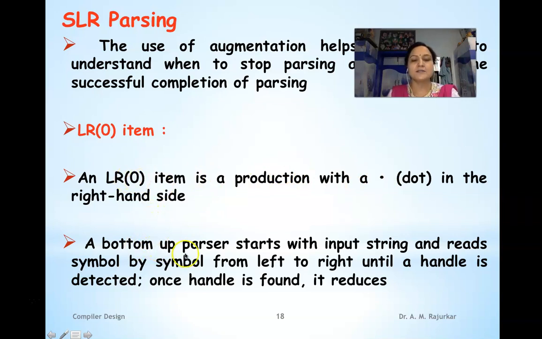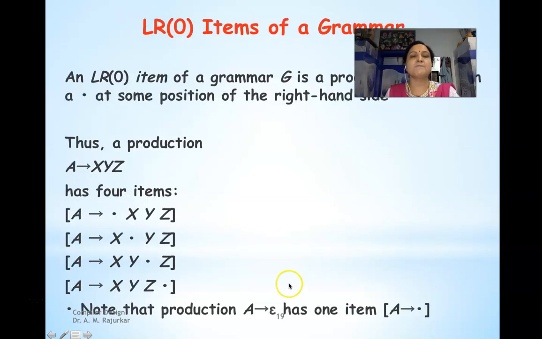A bottom-up parser starts with the input string and reads it symbol by symbol from left to right until a handle is detected on top of the stack. Once the handle is detected, it reduces. This is how the bottom-up parser works.